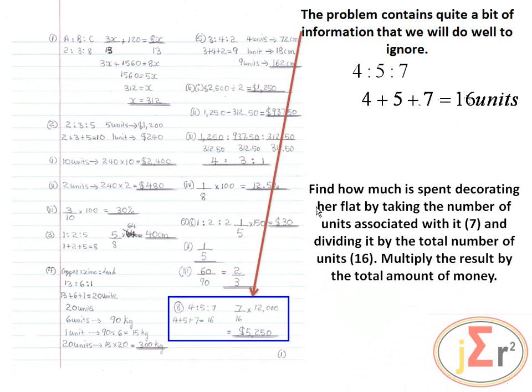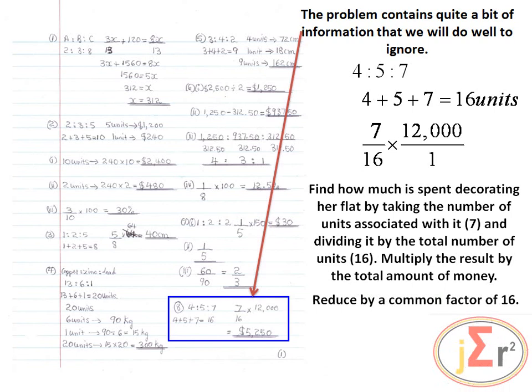So find how much money is spent decorating her flat by taking the number of units associated with it, decorating her flat, 7 units, and dividing it by the total number of units, 16. Multiply the result by the total amount of money. So 7 out of 16 times the total amount of money, and what do we get?